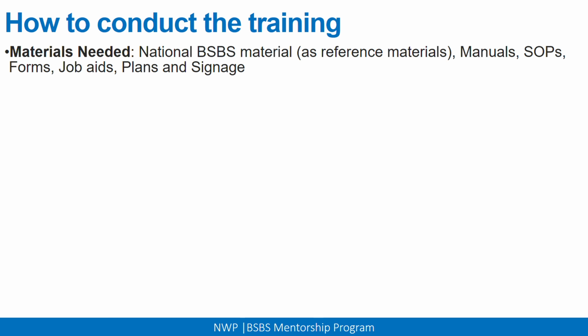So as you are doing your manual training, there are some SOPs that are mentioned in your manual. Once you mention an SOP, if it's the first time you're mentioning it, you can actually go to that SOP and train people on it before you proceed with the manual.